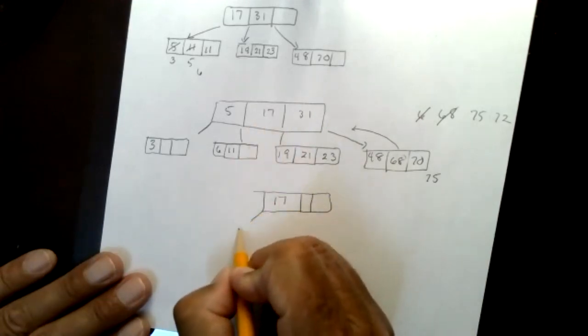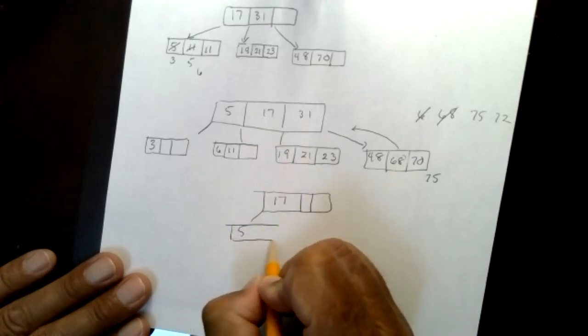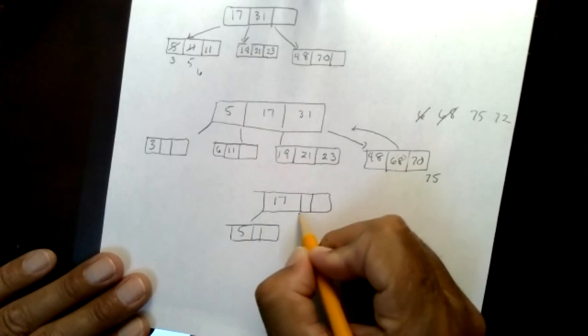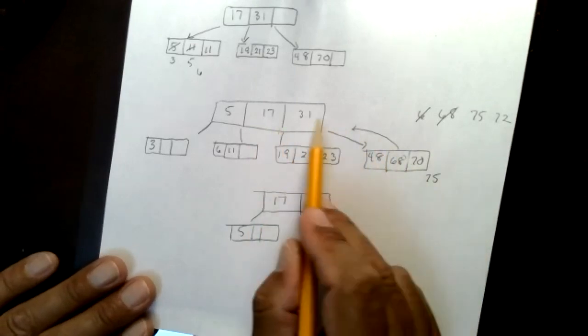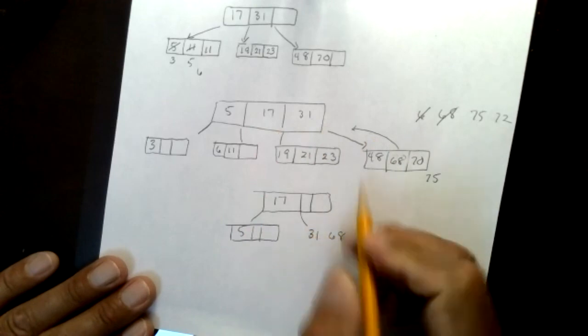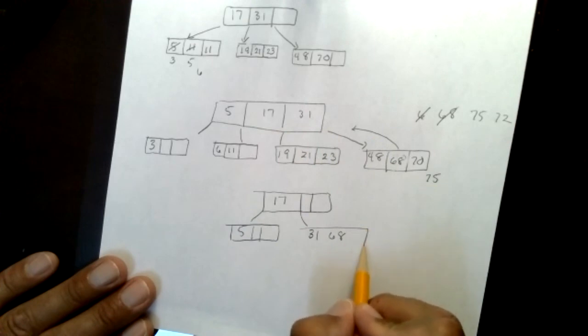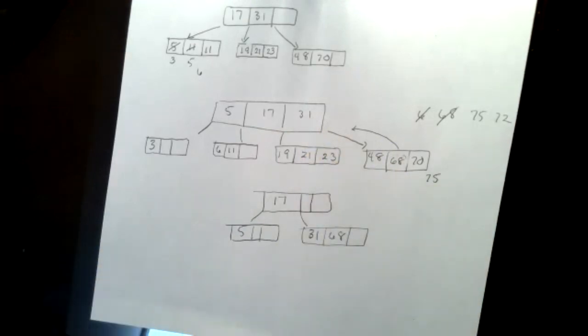To the left of 17 is the 5. To the right of 17 is going to be the 68 and the 31 that were coming up. Right? The 31 was already there. 68 is trying to come up.